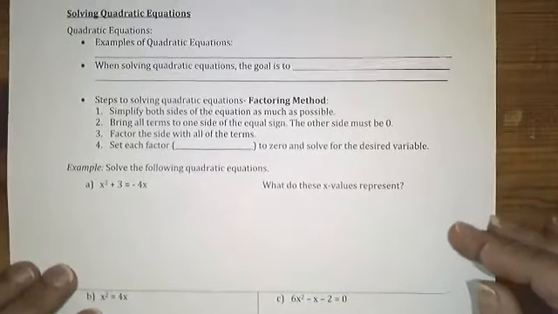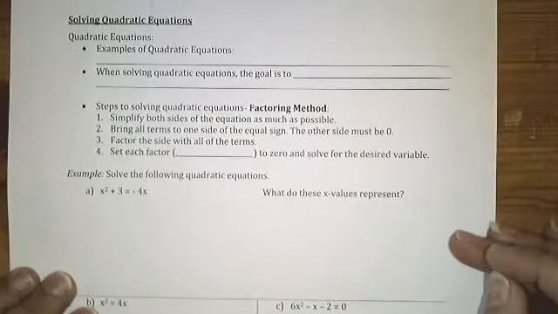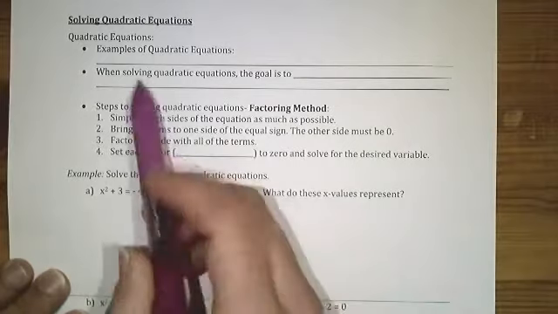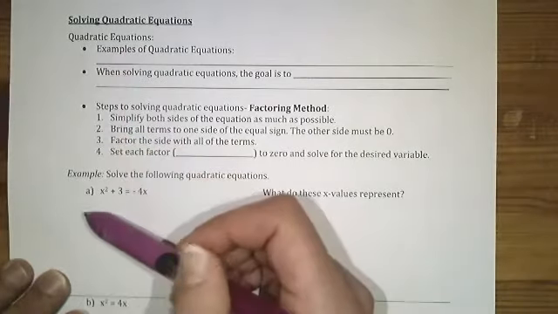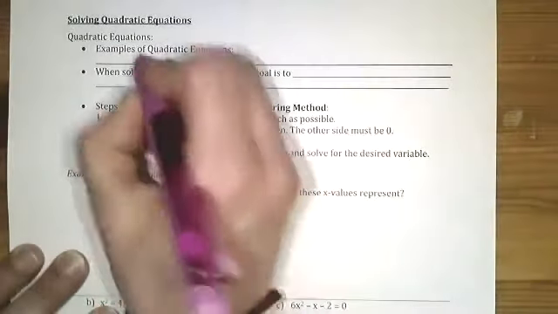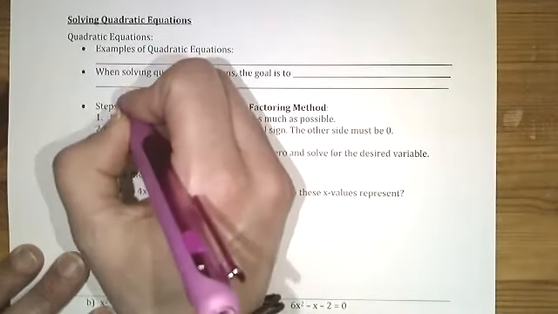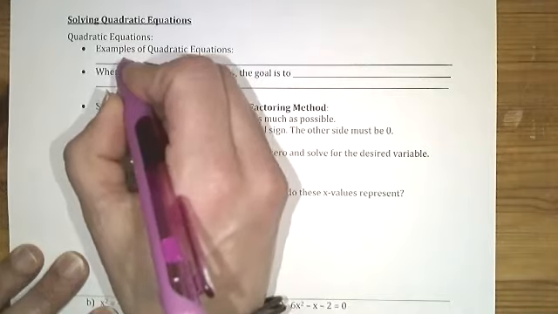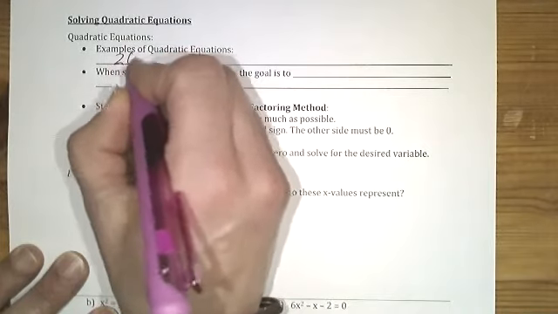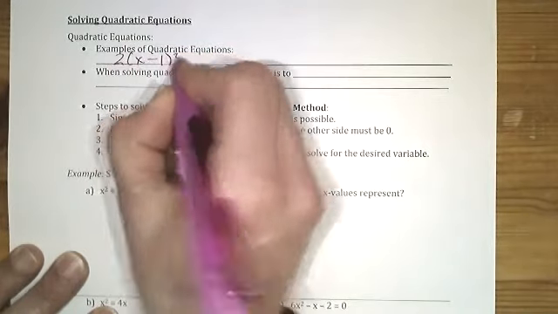So here we go. Solving quadratic equations. Some examples of quadratic equations. We've had different forms of the equation from our previous lessons. So let's just look at what if we have an equation that looks like this.